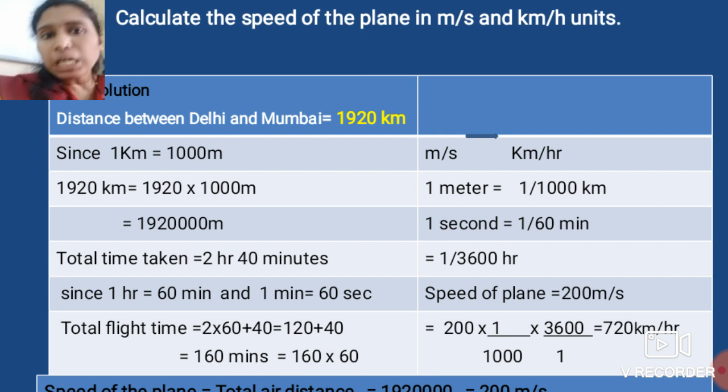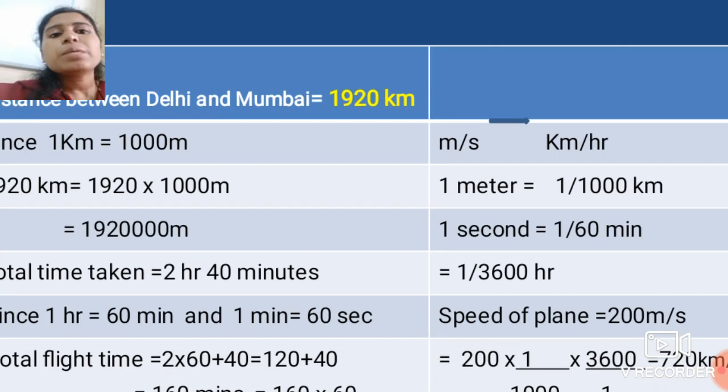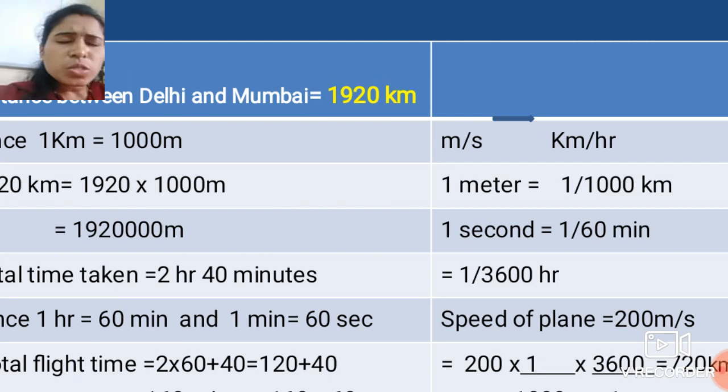Whenever we have to convert kilometer into meter, we have to multiply the value by 1000. So here we multiply 1920 into 1000. So we will get this answer, 19,20,000 meter.